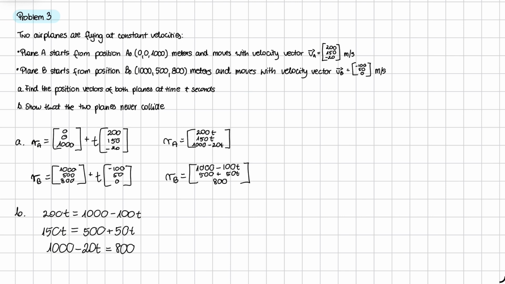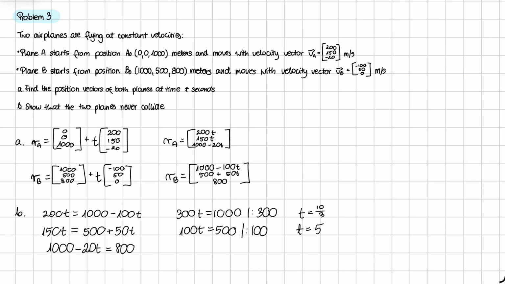So now we can simplify our equations. Here we'll have 300t equals 1000, and dividing both sides by 300, our t is just 10 over 3. From the second equation, we will have 100t equals 500, and dividing both sides by 100, we have just 5.